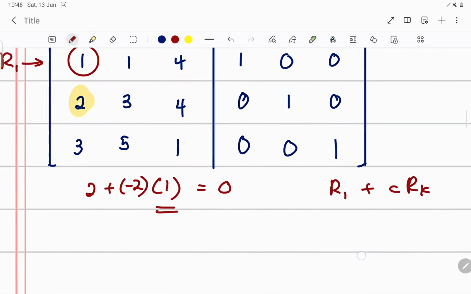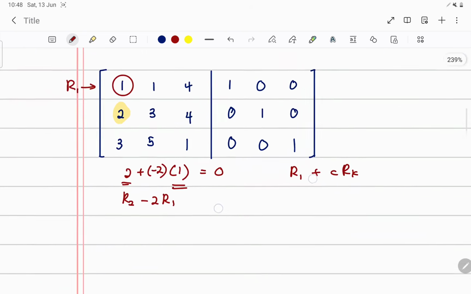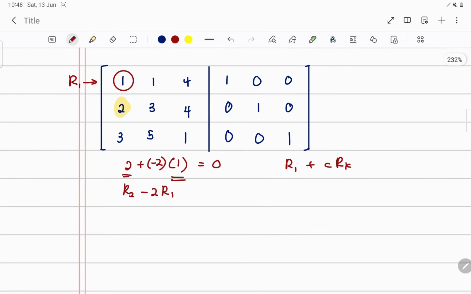So here, by right, this 2 is coming from row 2. Plus minus 2 is our constant, become negative 2. 1 is coming from row 1. So this is your first rule that you have to apply into row number 2. Okay. So now we proceed to apply one by one.